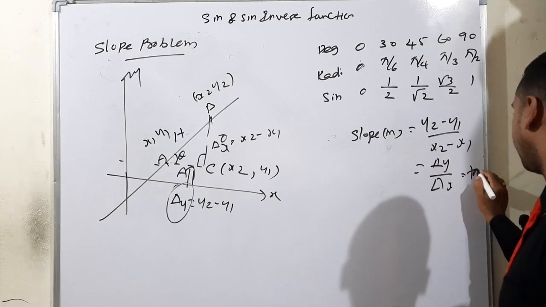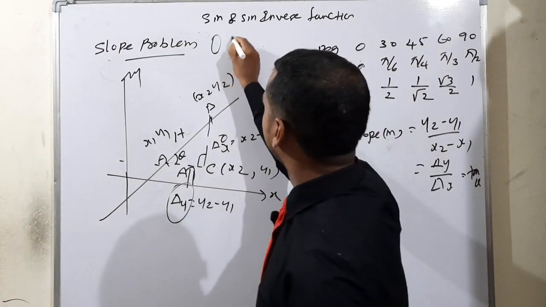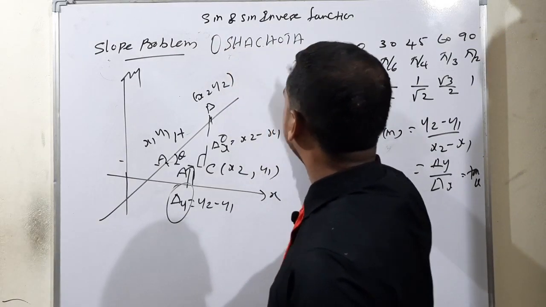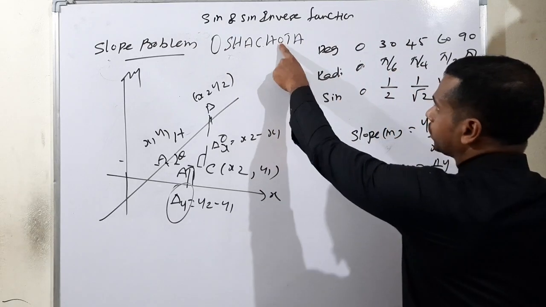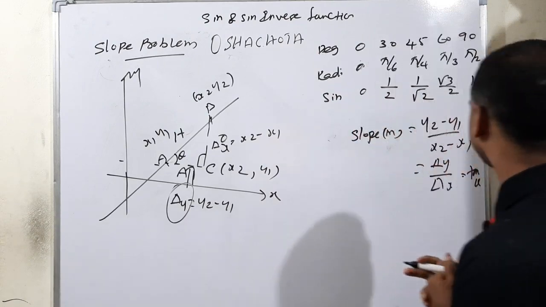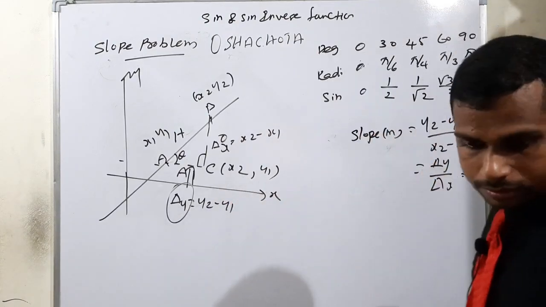This is called tan theta. Why can we say so? According to SOH CAH TOA, what is the meaning of tan theta? Opposite divided by adjacent. Actually, there is a mistake here.